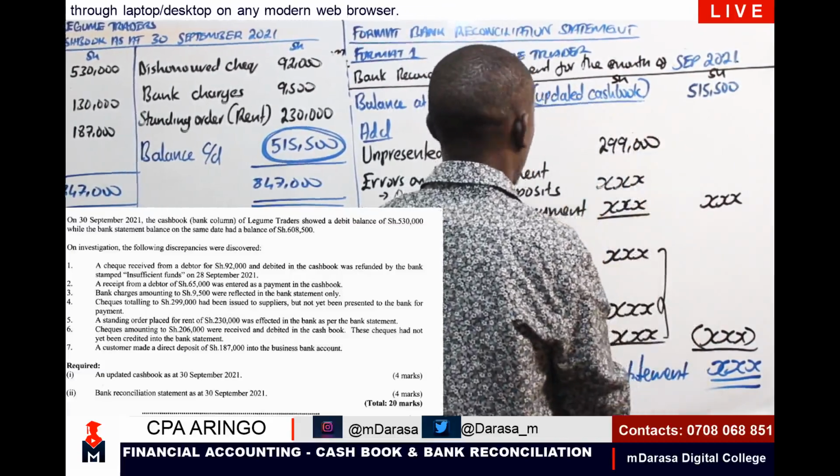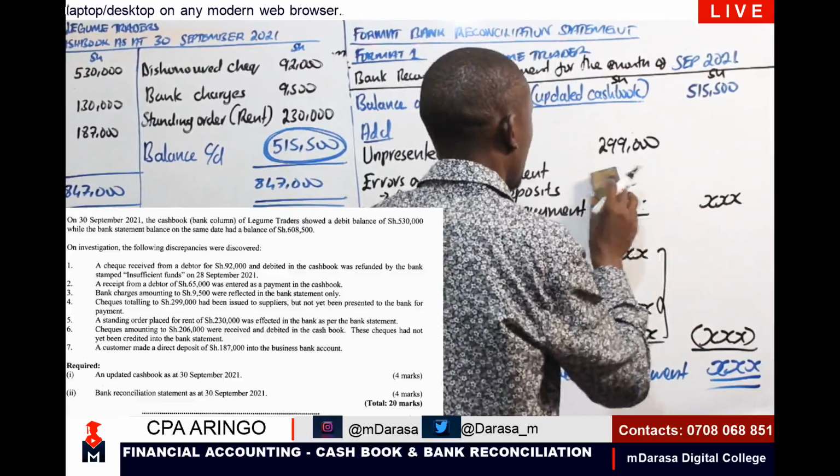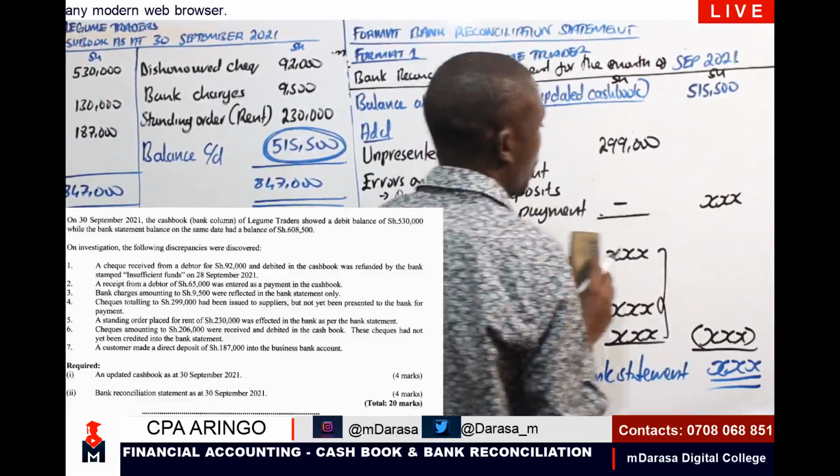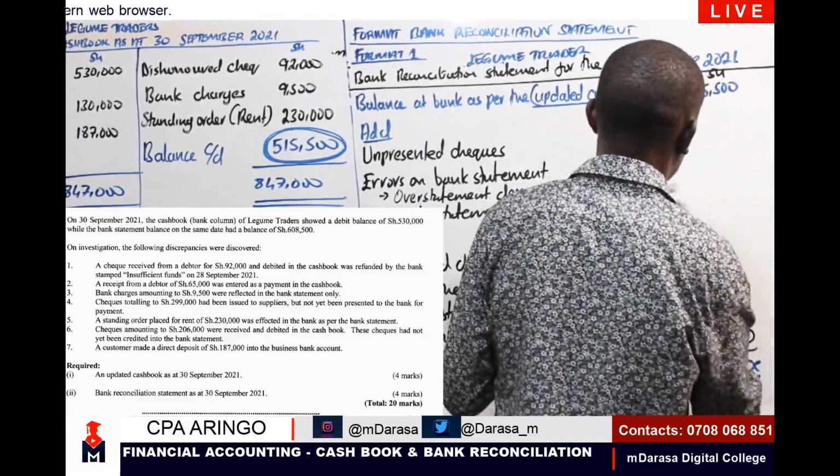We didn't have any errors that I've seen, so therefore I won't be having any errors. So I'm having 299,000 here.